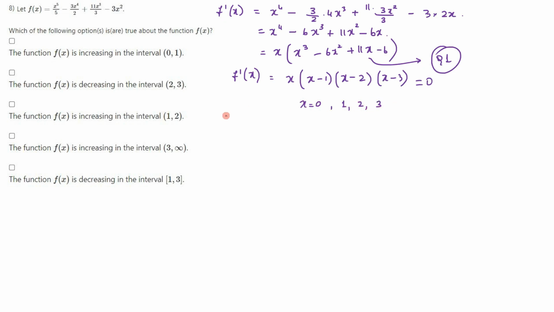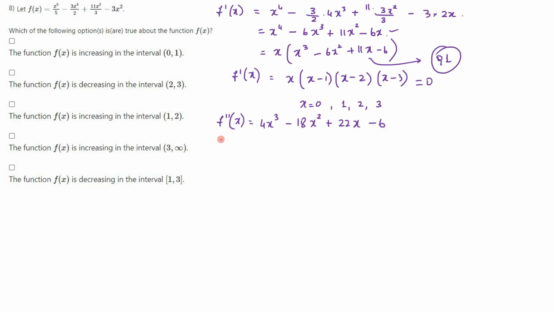To check whether these are maxima or minima, we'll go with the double derivative method, that is f double dash of x. F double dash of x is nothing but, we differentiate this one, so I'll have 4x cube minus 6 into 3, 18x square plus 11 into 2, 22x minus 6.